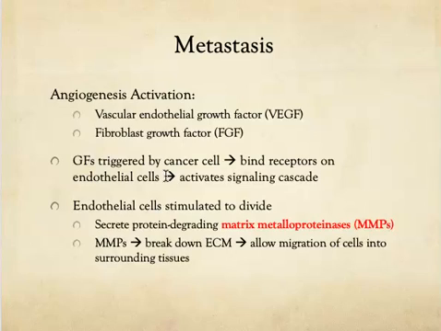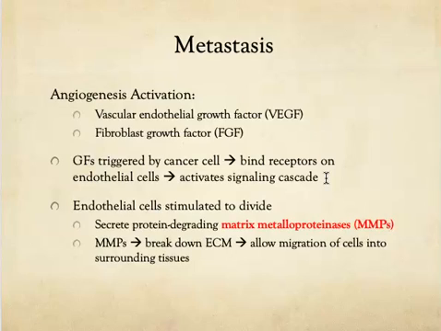And when the growth factors bind as first messengers, they activate a signaling cascade inside the cell. These endothelial cells essentially become stimulated to divide and to make new sprouts, new blood vessels that will head towards that tumor and provide fresh blood for it.